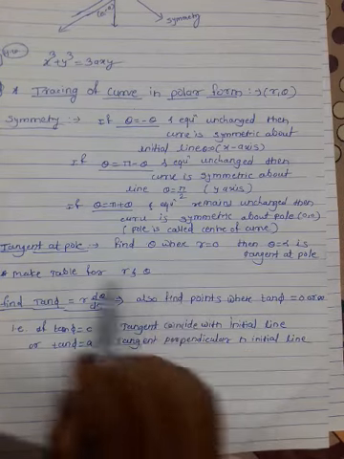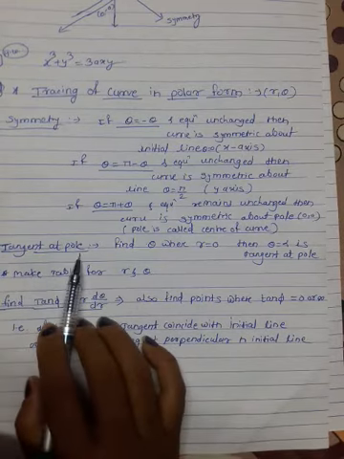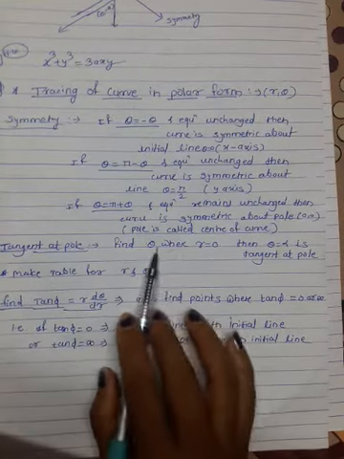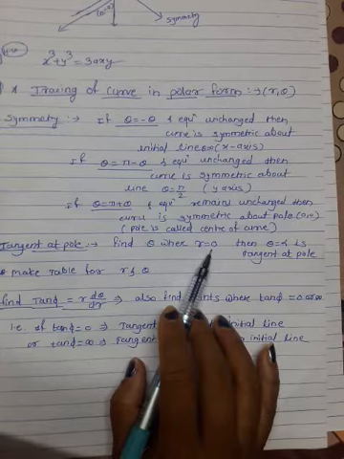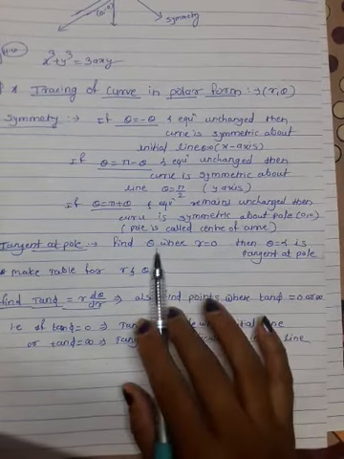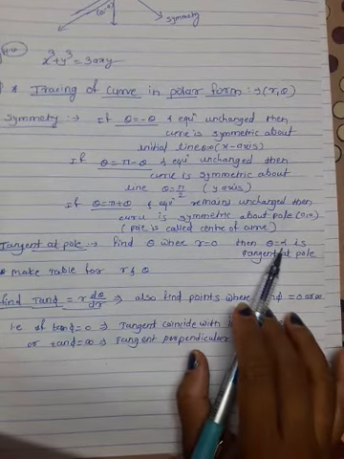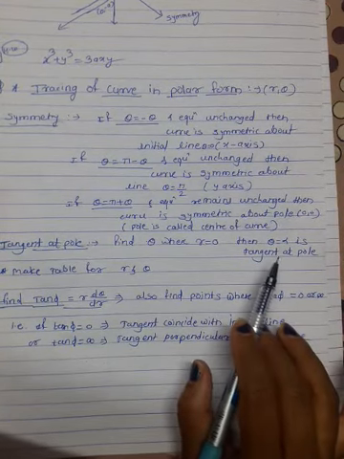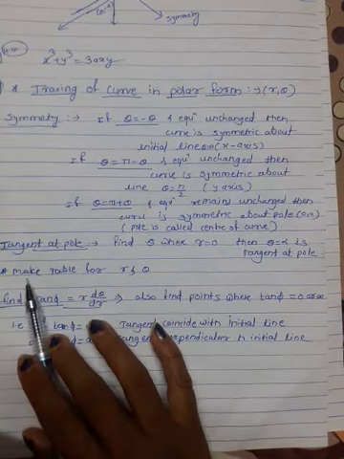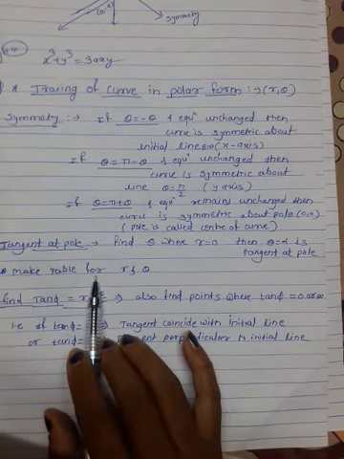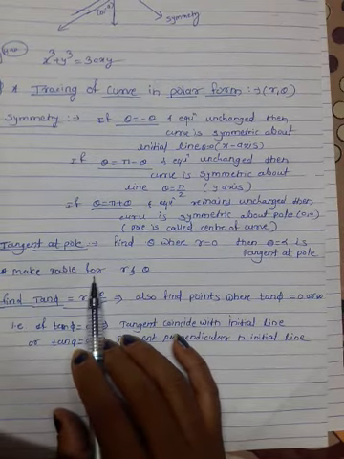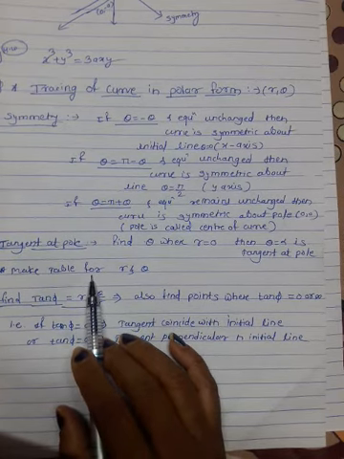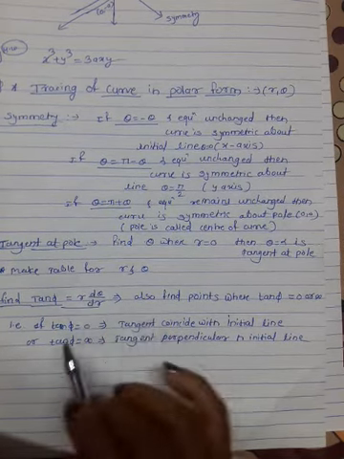Okay. Now the next point is the tangent at pole. We have to find theta where r is equal to 0. Then that theta, suppose alpha, is the angle of the tangent at that pole. For that we have to make a table, like for example to draw a line we need an x and y coordinate table, right?